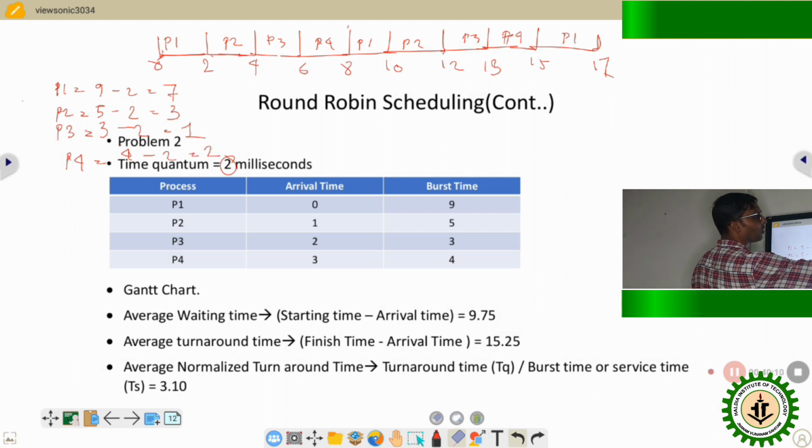Up to this. Okay. Then process P1 gets its chance again. So 5 is remaining for process P1. For process P2, minus 2, 1 is remaining for process P2.